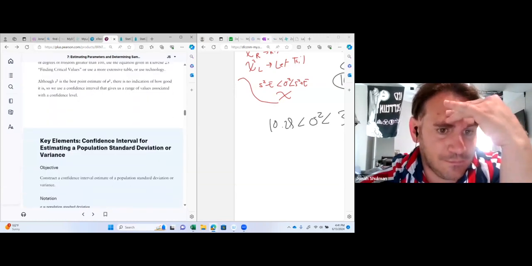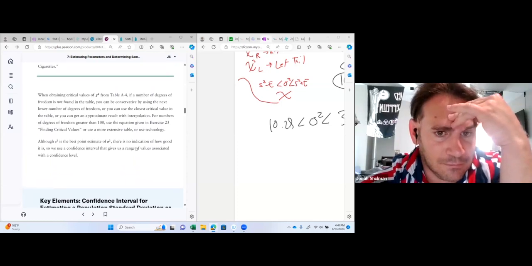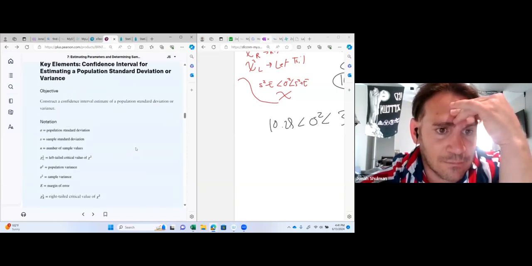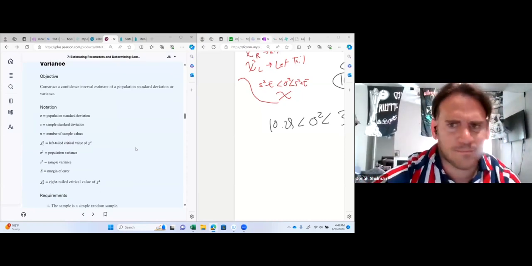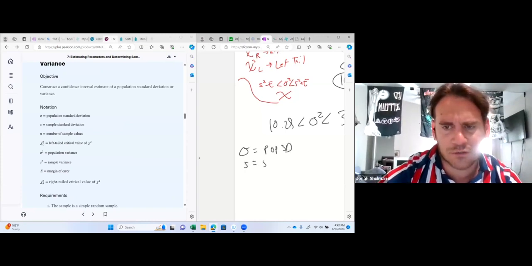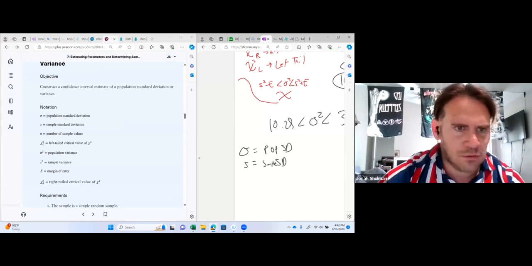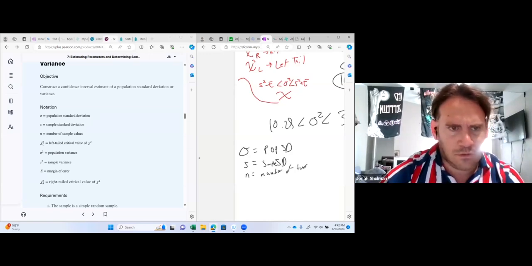All right, so here are the parts. Now this is the population standard deviation. This is the sample standard deviation. Now n is still the number of terms. We've got our chi-squared to the left.